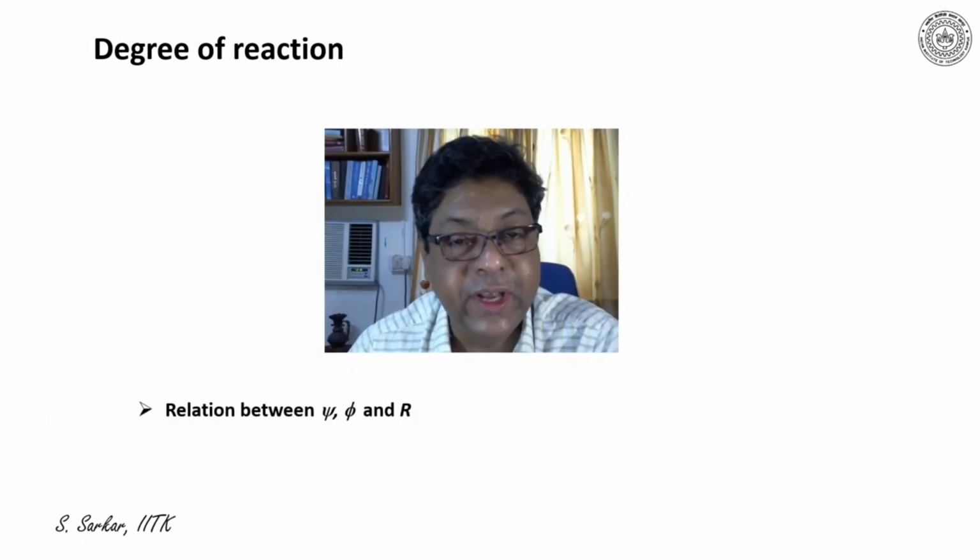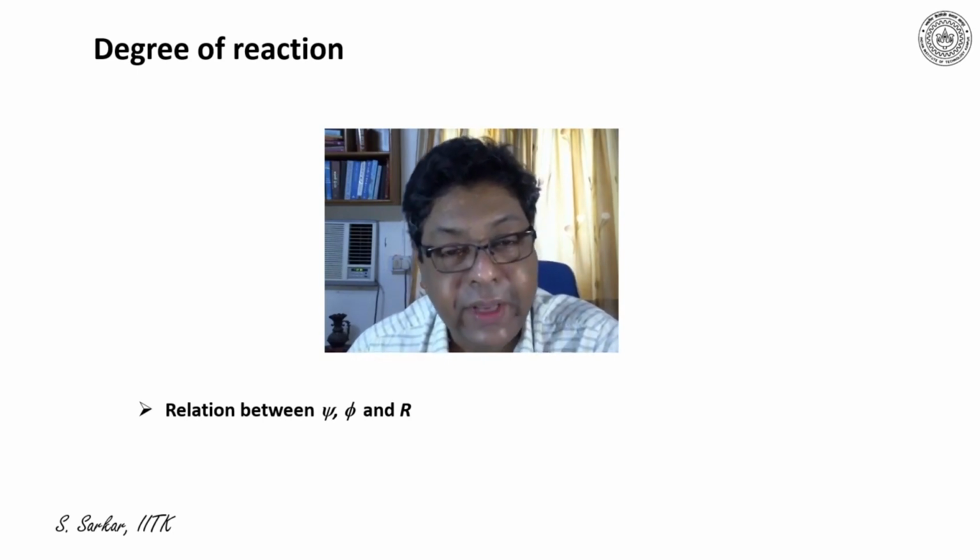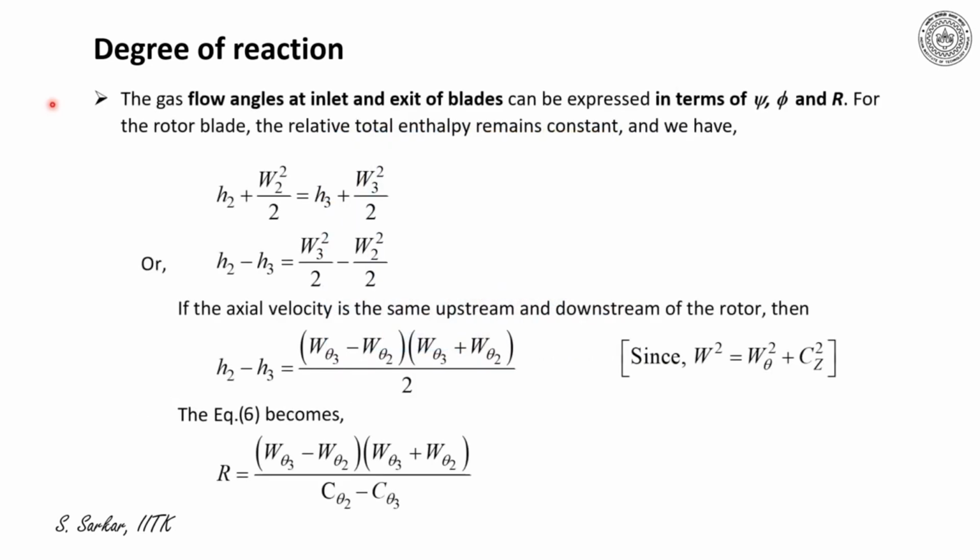Let's continue the discussion, and now I'll derive a relation between xi, phi and R. The gas flow angles at inlet and exit of the blades can be expressed in terms of xi, phi, R. For the rotor blade, the relative total enthalpy remains constant, and hence we can write H2 plus W2 squared divided by 2 must be equal to H3 plus W3 squared by 2.